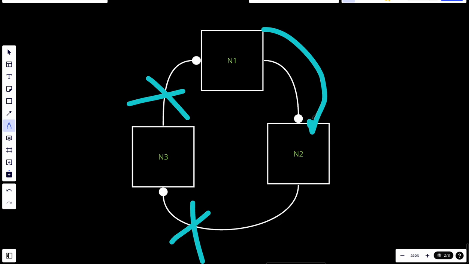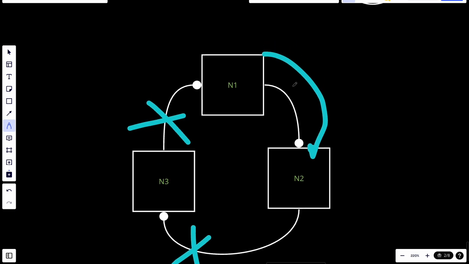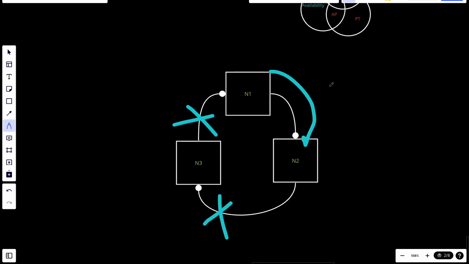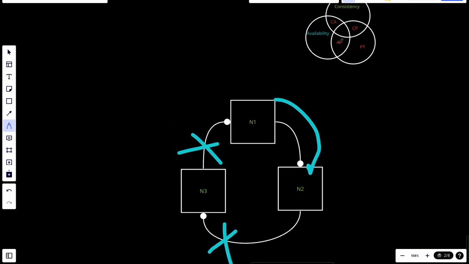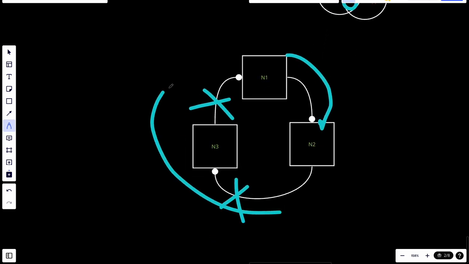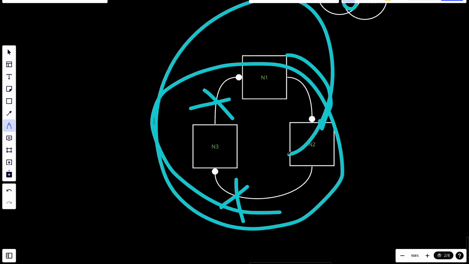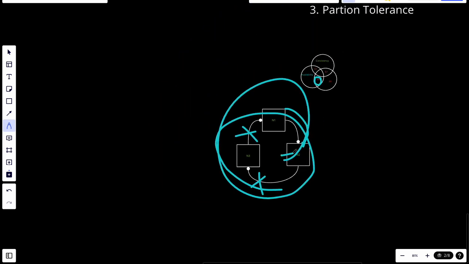So choosing the right CAP guarantees that fit your use case is important. In this system, because we want to be highly available, we will go with the AP system, and we will talk about how we can solve this consistency problem, which will take us a lot of videos to cover.